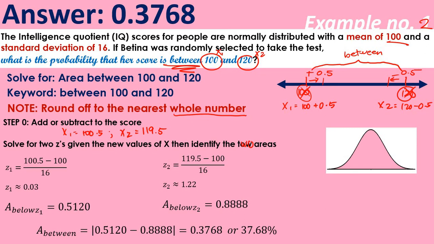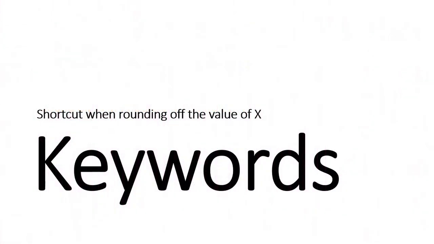Now we already have examples of word problems wherein we are solving for area above, area below, and area between. But at this point, maybe you are still thinking, what values are we going to add or subtract? So here we are going to emphasize some shortcuts when rounding off the value.